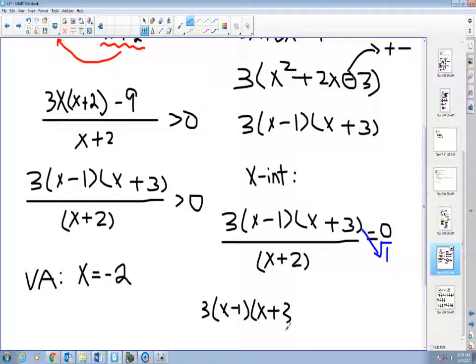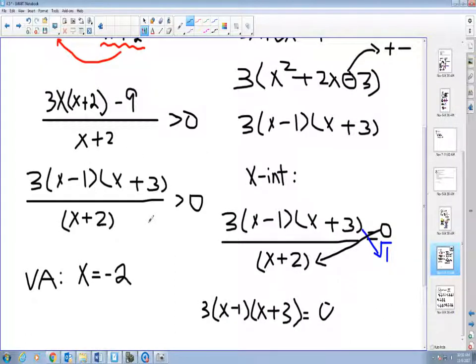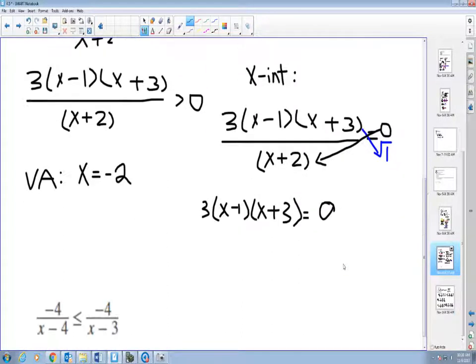Set it equal to this times the 0 diagonally here, that will still be 0. So now you can see why I went through all the trouble to simplify this, because I'm going to use it for finding the critical value or the x-intercept.